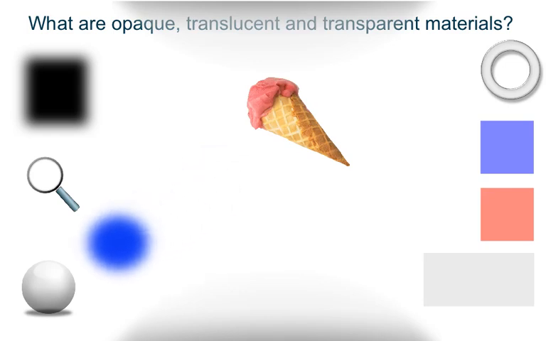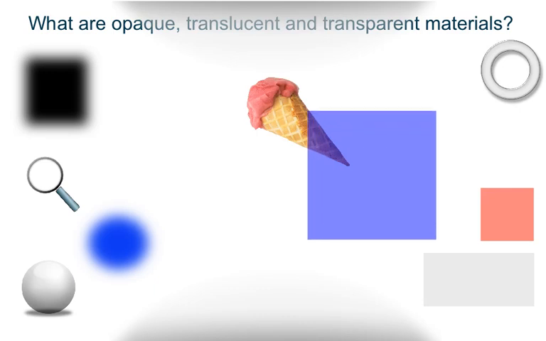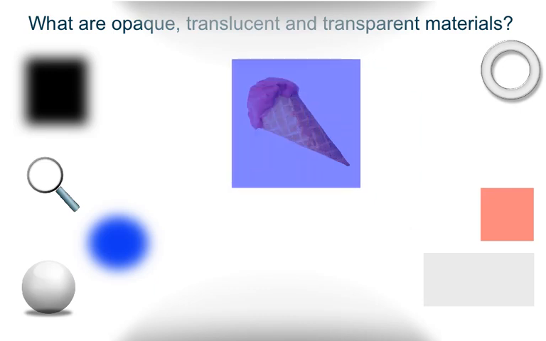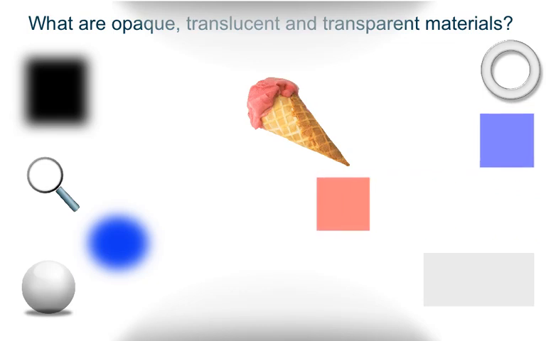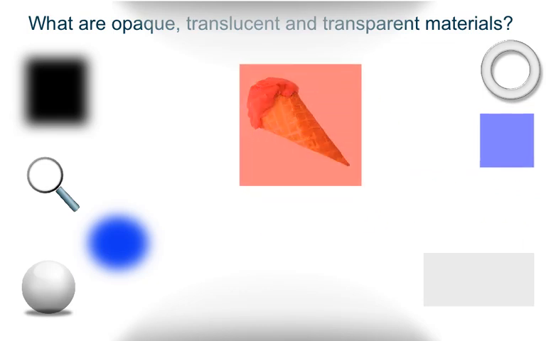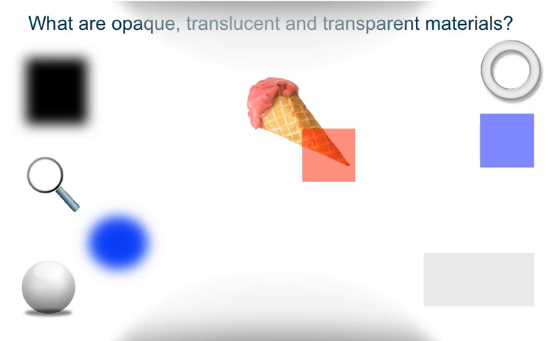And sometimes we have materials made of different colors that we put in front of the ice cream cone. You can still roughly see the ice cream cone, but it's not that clear. You can't see all the colors very clearly. Same for this. So all these would be translucent materials.